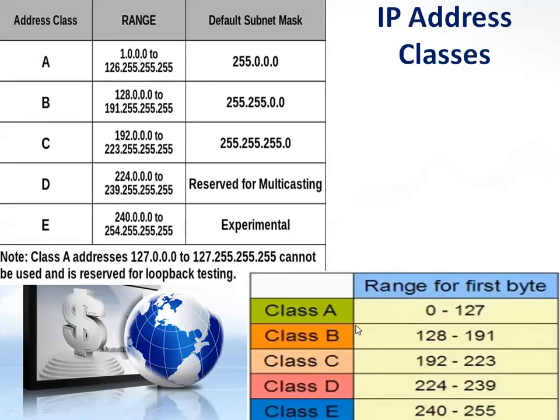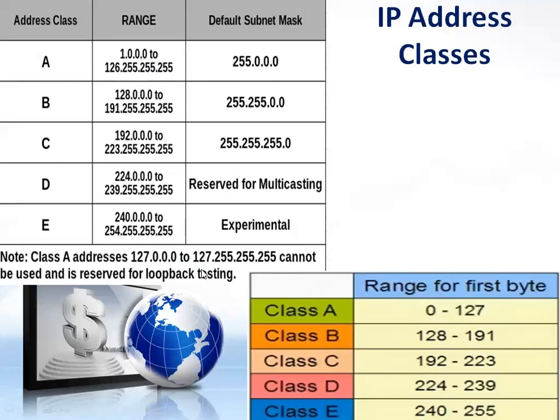Dear students, remember that in class A the range 127.0.0.0 to 127.255.255.255 cannot be used, and it is reserved for loopback testing. We cannot use this IP address.